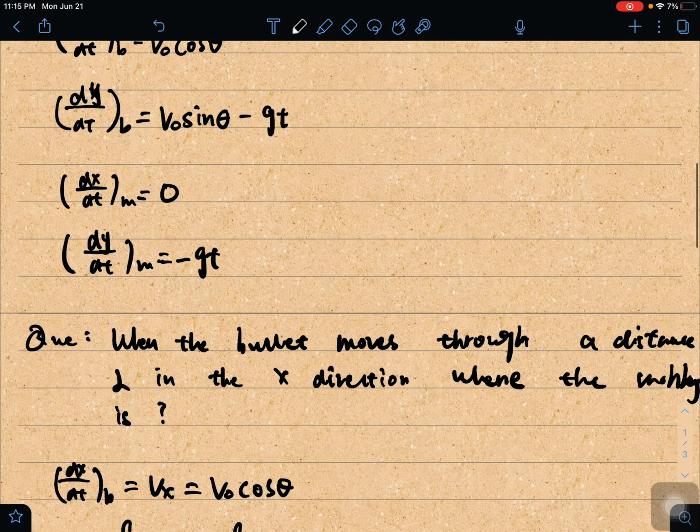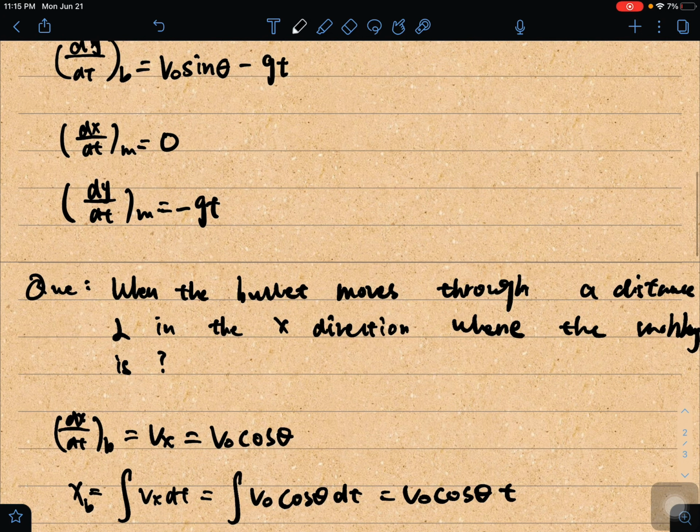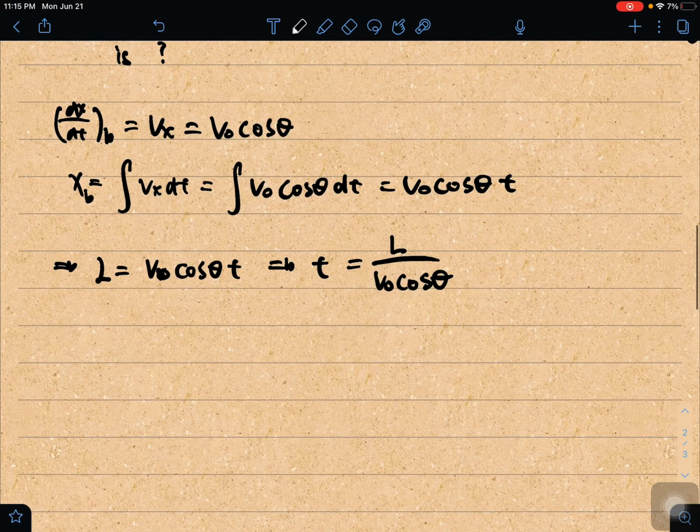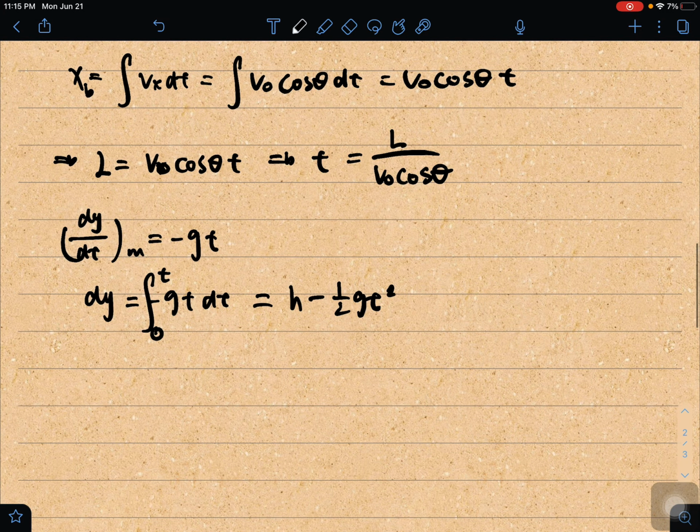And we want to figure out where the bullet and the monkey are. For the monkey, dy/dt is equal to minus gt. By integration, minus gt dt from 0 to t, but it has some initial position, which is h, so the initial height h minus one half g t squared is y.